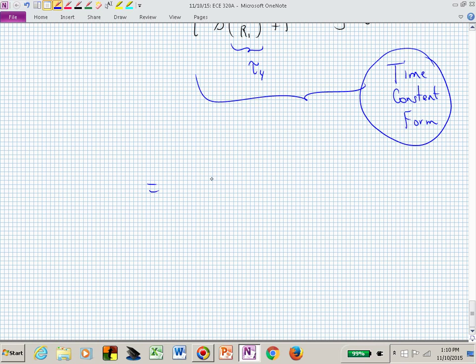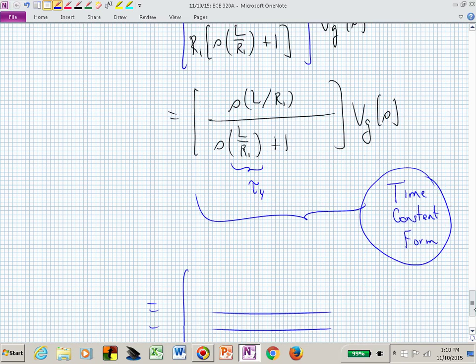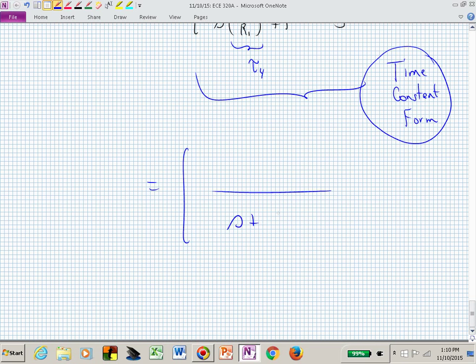What if I now say that I could also rewrite that? If I factored out the L from the denominator, do you see that I have an L in the numerator and they will cancel? And I now have an S plus R1 over L, and up here I have an S. And that's now still the V sub G. And that's really the reciprocal of my time constant, and that's where the pole is at negative that value.